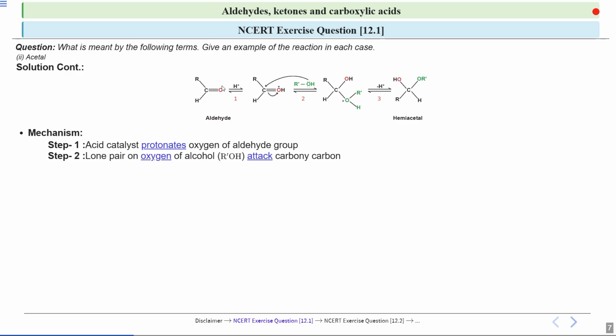In the next step, the lone pair of electrons on the oxygen atom of the alcohol attacks the carbonyl carbon.